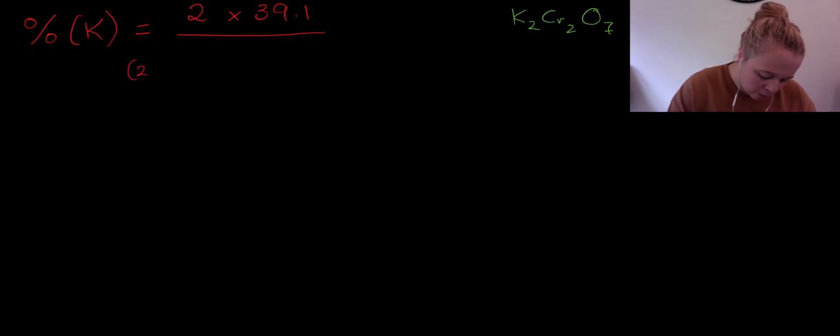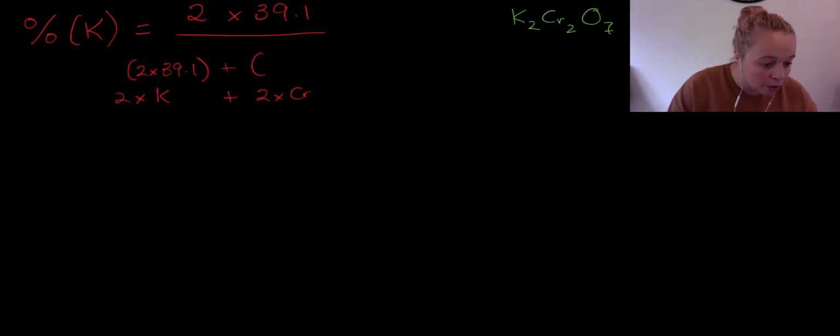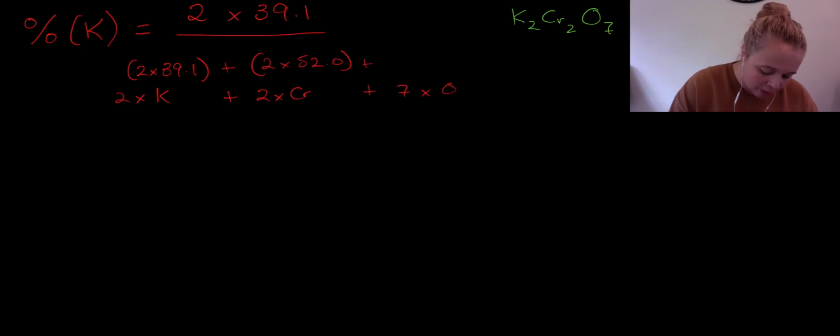It's going to be 2 times 39.1, because that's 2 times potassium, plus 2 times chromium, which is 2 times 52.0, plus 7 times oxygen, 7 times 16.0.